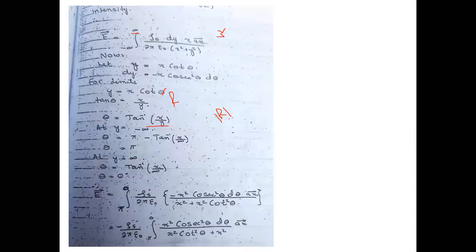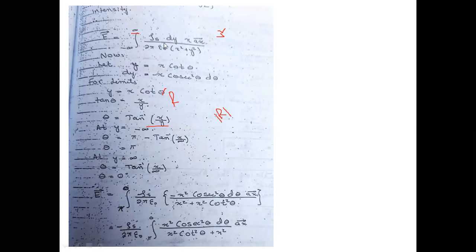So now for the x portion we have minus infinity to infinity of rho s dy x ax, and we have neglected the y portion axis. Now again we have the infinite values for the dy.